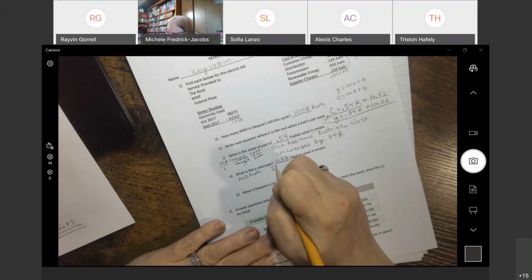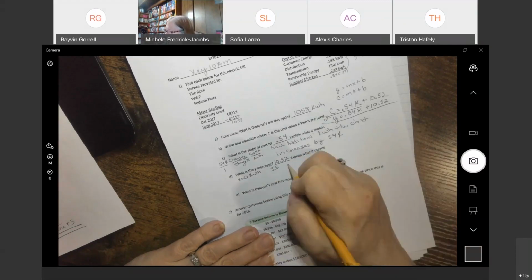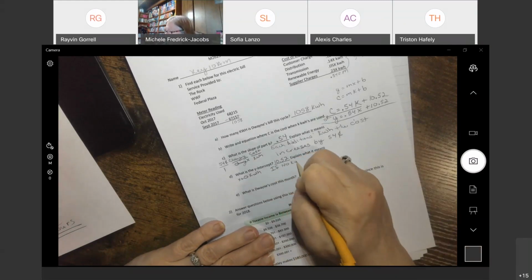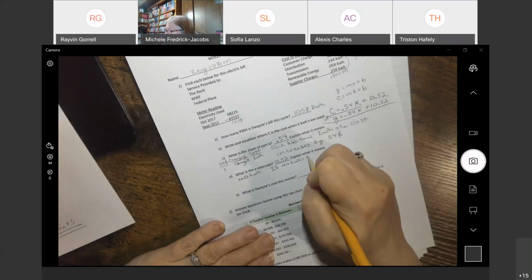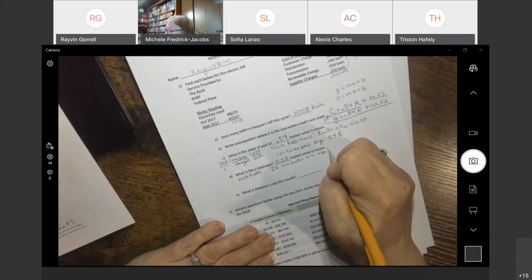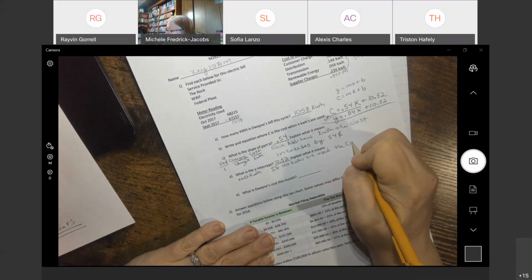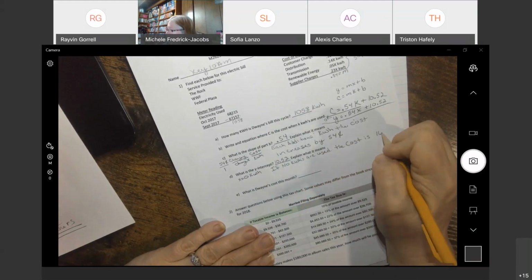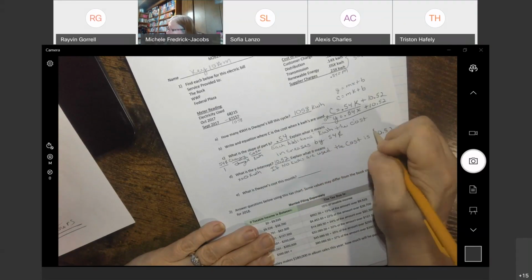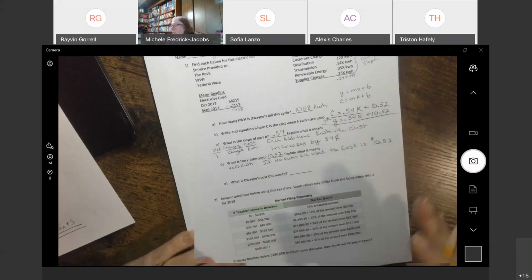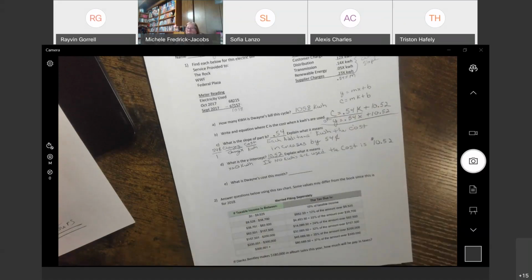What it is, it's kind of like a startup fee. If no kilowatt hours are used, the cost is $10.52. So if you went on vacation and shut off your electricity, when you come back a month later, you're still going to have a bill for $10.52.